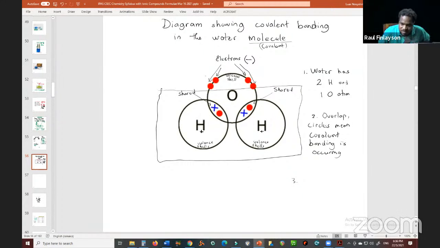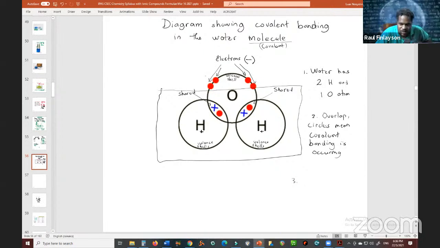Why? Because the protons inside the nucleus of the atom are exposed there. They never went anywhere. The atom must have protons and neutrons, and when it bonds, nothing happens to the protons and the neutrons. They are still there.